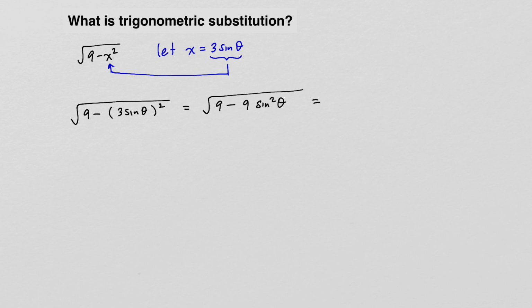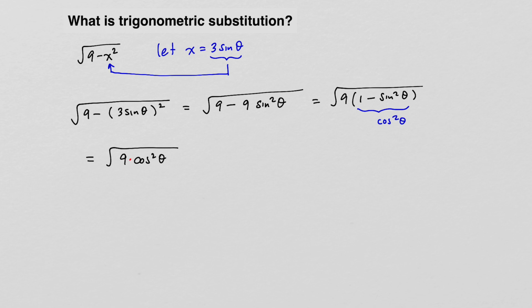And then we can factor out a 9 on the inside of the radical. And when we take that out, we get 1 minus sine squared of theta left over. But we know that 1 minus sine squared is equal to cosine squared. And so this expression becomes the square root of 9 times cosine squared of theta.